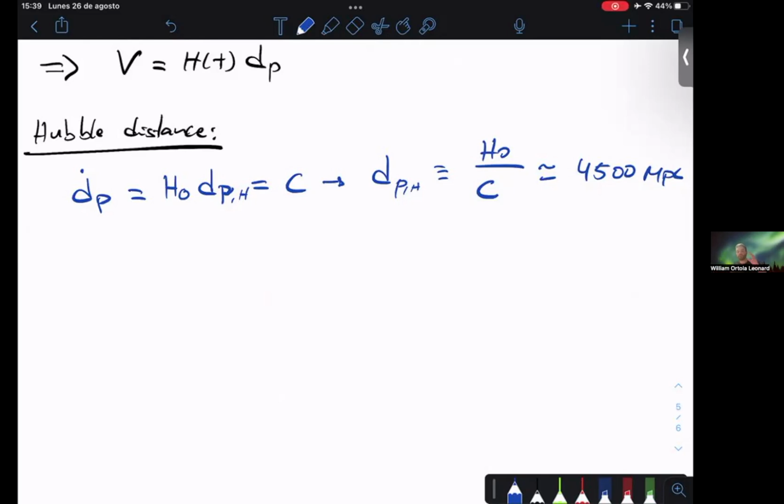What we have to remember is that we currently have a universe which is expanding. What this means is that if we have two objects in this universe, the expansion of the universe is going to make the two objects recede from each other, so basically separate from each other.